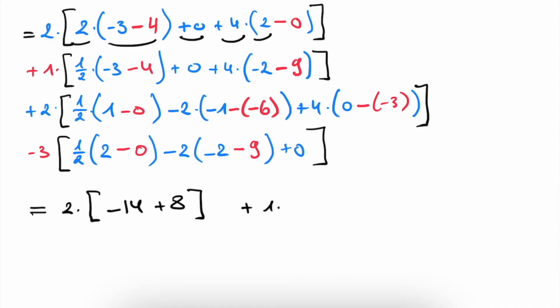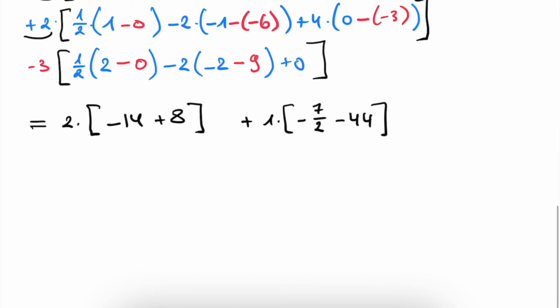Plus 1 times, and then we've arrived at this term, 1/2 times minus 3 minus 4 is minus 7, so we get minus 7 over 2. Plus 0, which we can just drop. And then here we have 4 times minus 2 minus 9 is minus 11. So 4 times minus 11 is minus 44.